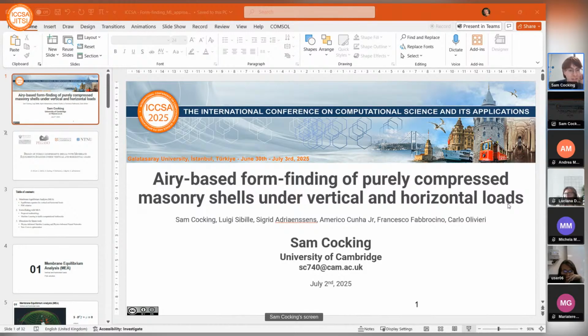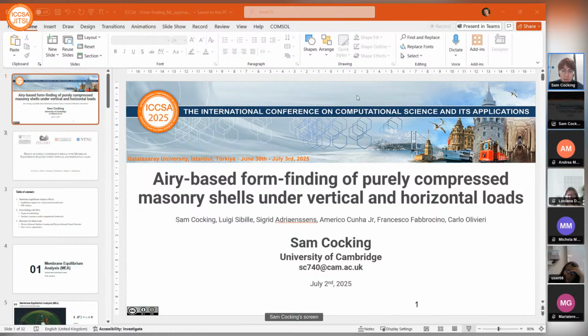So our overview of the presentation: I'll go quickly through membrane equilibrium analysis, which forms the methodology behind the form-finding procedure we use for compression-only shells, and talk a bit about how there is a computational bottleneck around the constrained optimization step in that form-finding procedure, and some techniques around machine learning regression algorithms which Luigi trialed to try and tackle these computational bottlenecks, and then some directions we're taking this forward in the future with physics-informed neural networks and non-convex optimization.